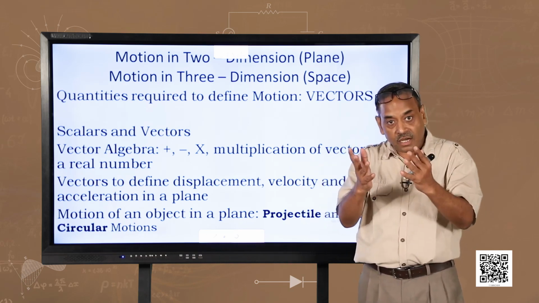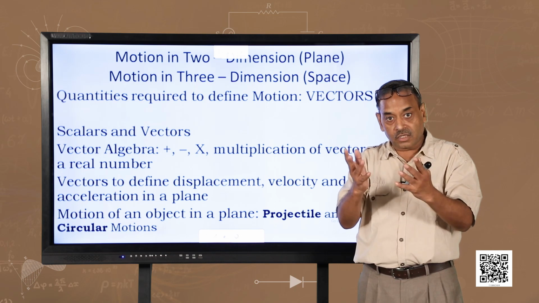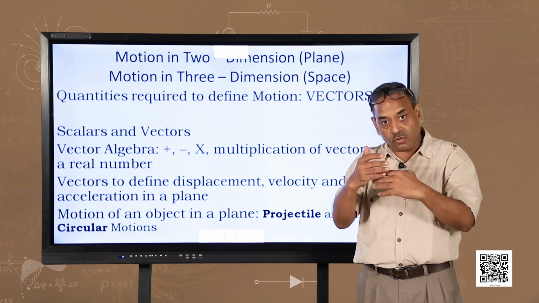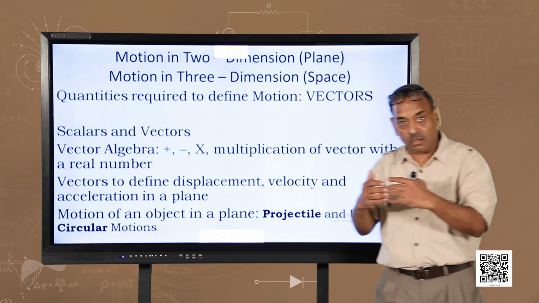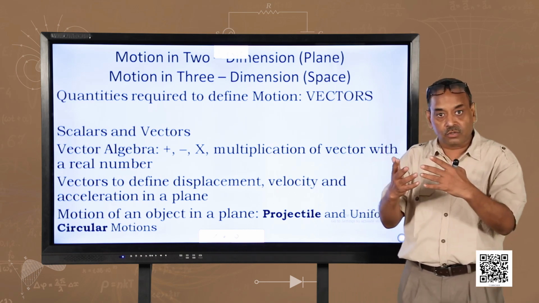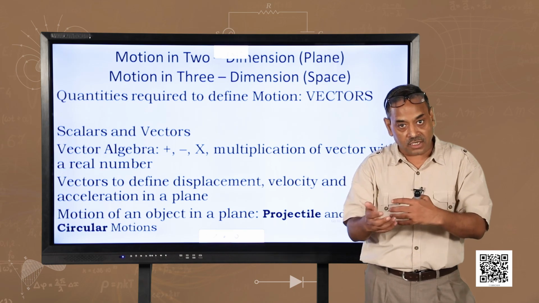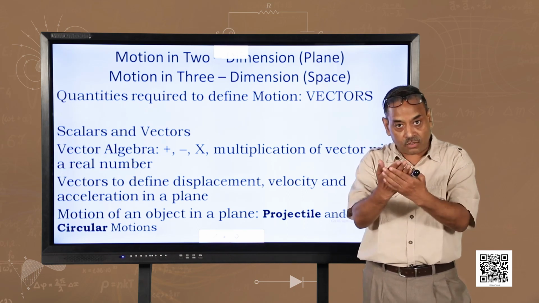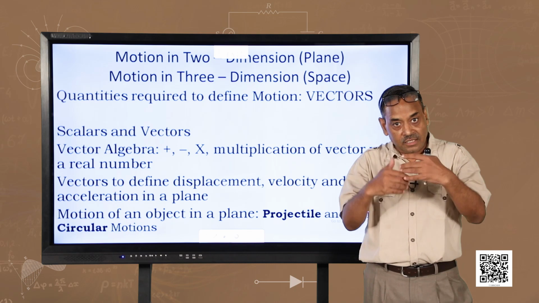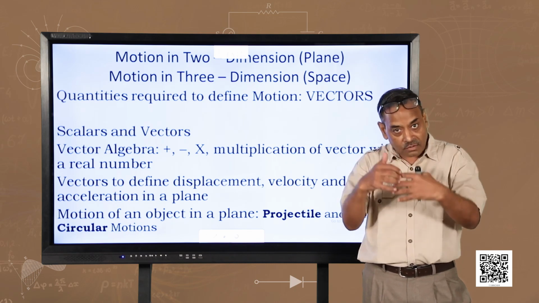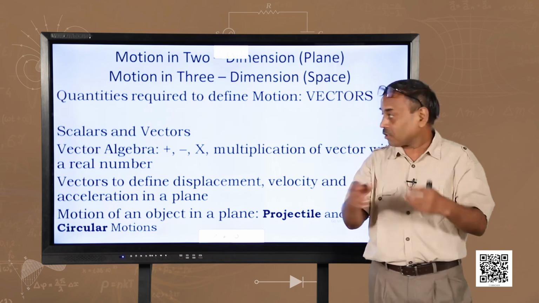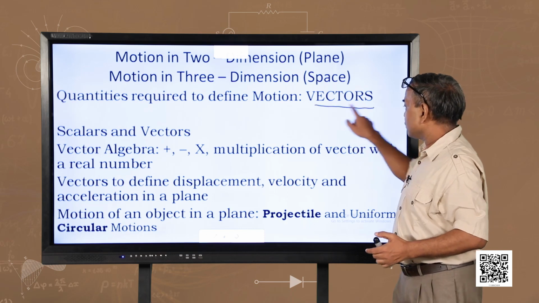So, scalars are not sufficient. The physical quantities you now require to explain the motion are different from what you had earlier in the case of motion in a straight line. Now you have to define physical quantities in other terms which involve directions in them. So, these quantities are called vectors.